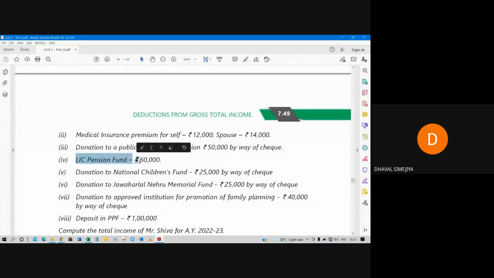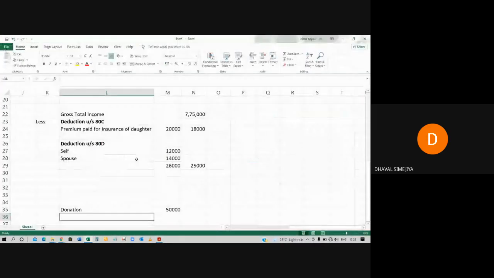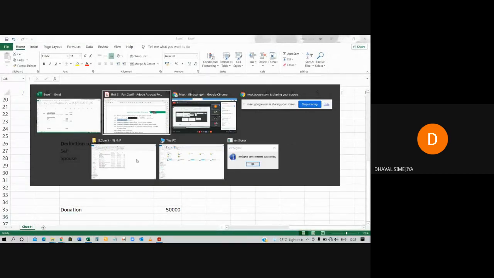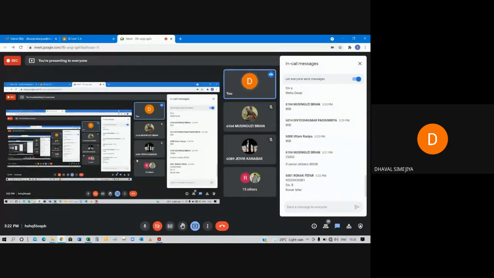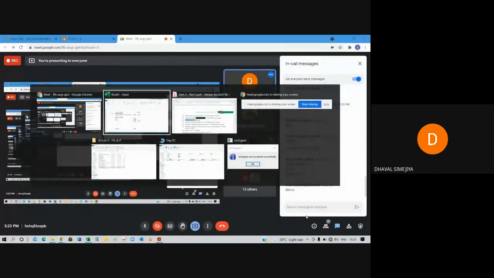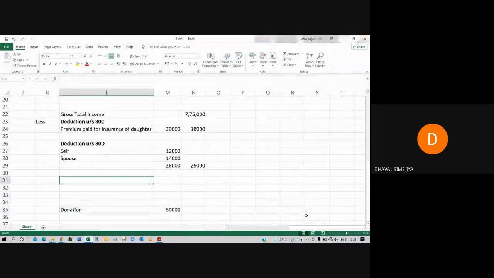LIC pension fund 60,000 rupees. Which section? 80C, 80CCC, 80D, 80E? No, Brian, 80CCC. Specified fund is 80CCC.